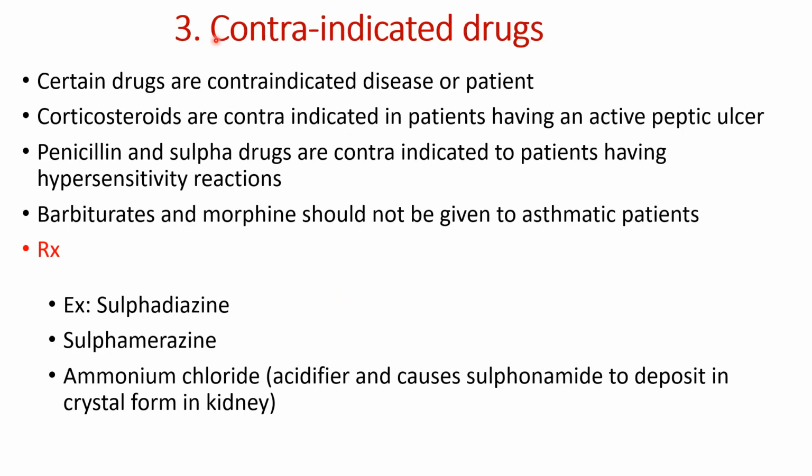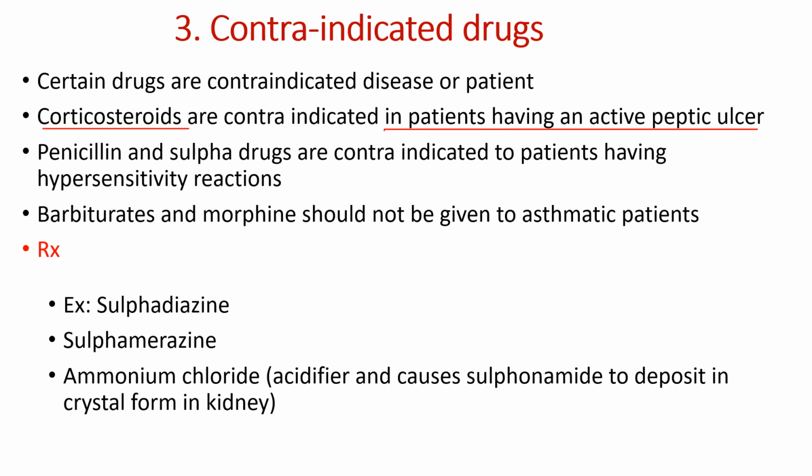Now the third is the administration of contraindicated drugs. Certain drugs are contraindicated in certain diseases or in patients suffering from particular conditions. For example, corticosteroids are contraindicated in people having active peptic ulcers.